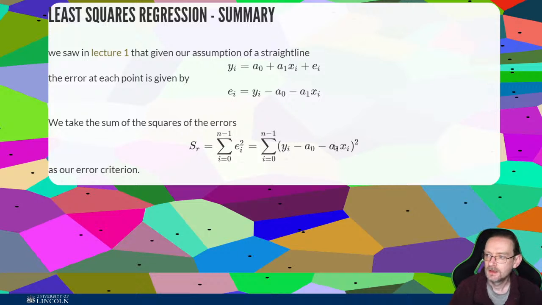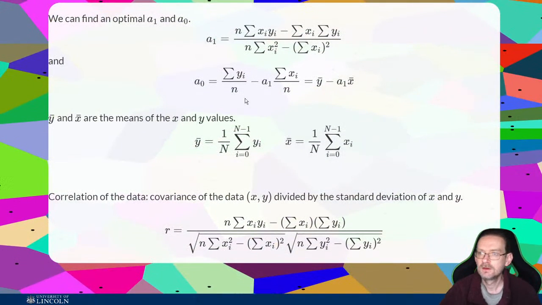So if we want to minimize the function, what we did, I'll write it out again in a second, was to take partial derivatives with respect to a1 and a0 and set them equal to 0. This gives us two simultaneous equations, which we could then rearrange, and we could get expressions for a0 and a1.